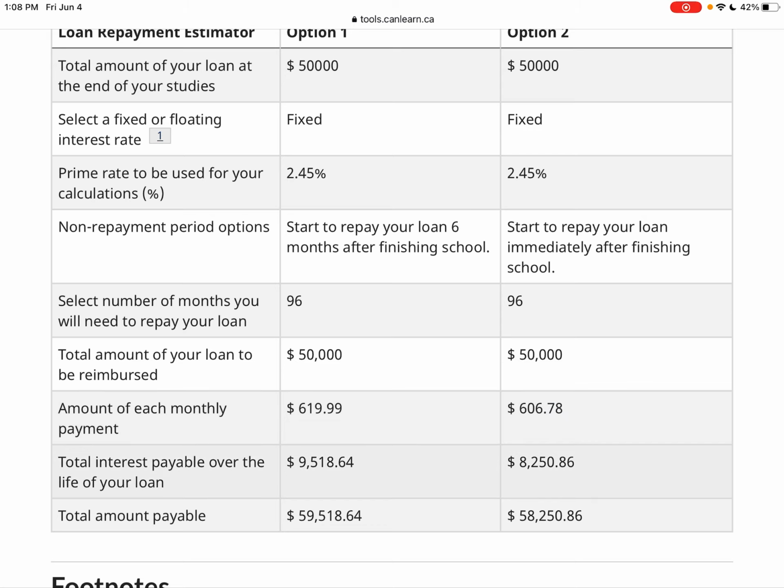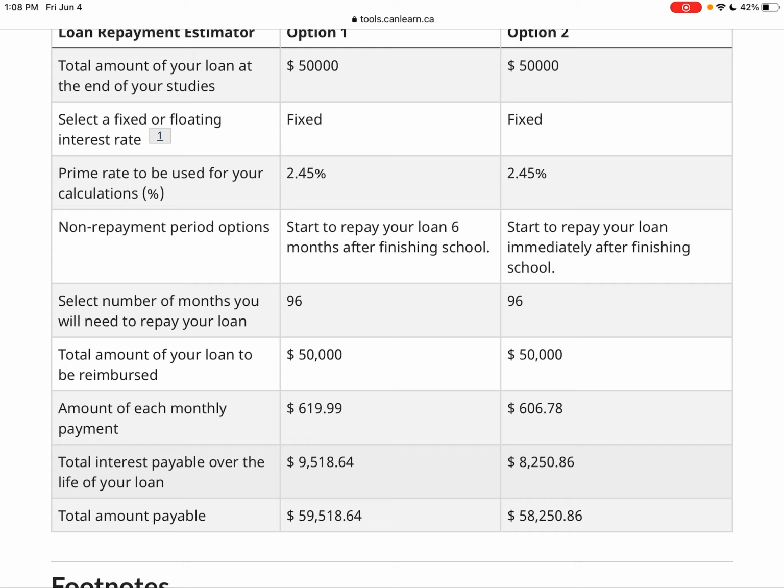Almost $9,518.64 minus $8,250.86, right? They'll end up saving $1,267.78 over the course of their loan for the same loan, same percent, same time, right? Just because they started paying it a little bit earlier, and that's because they're taking that right off their principal, so they're not even paying interest at that point.